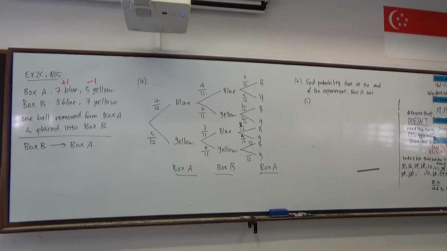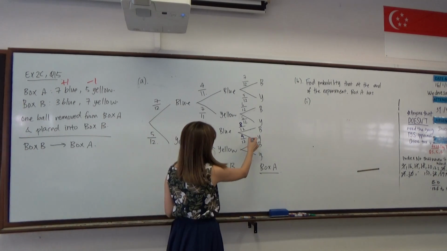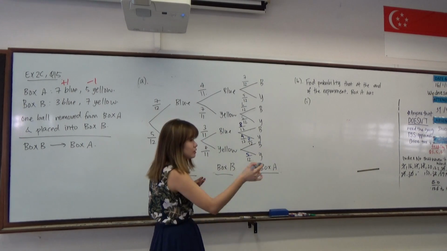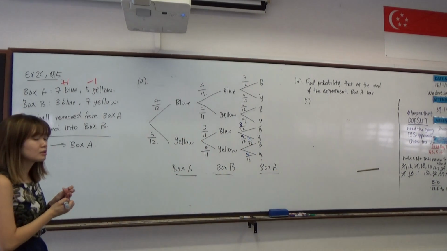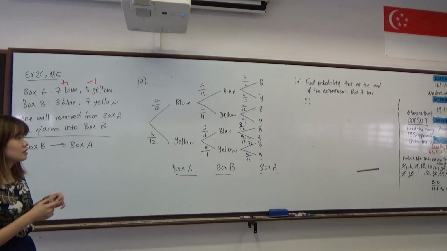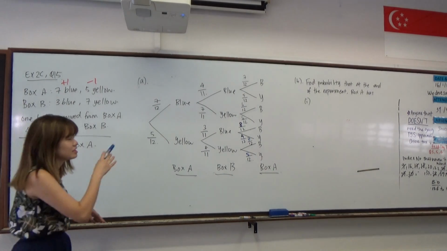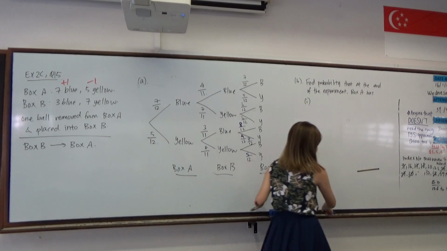It should be 7 over 12 and 5 over 12. So Teresa says 7 over 12 and 5 over 12. Do you agree? You agree? You understand or not? You write this down, okay, you go back slowly process. Okay?